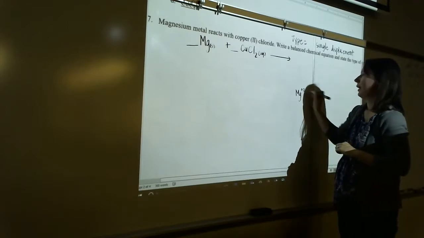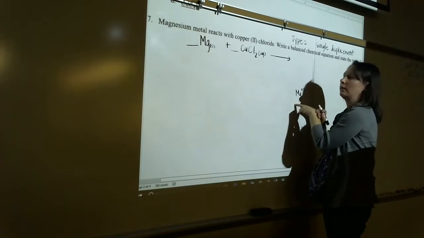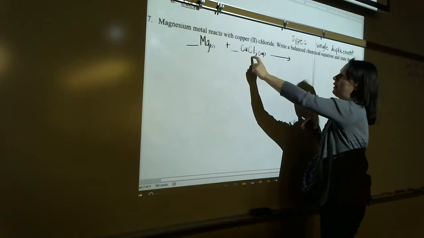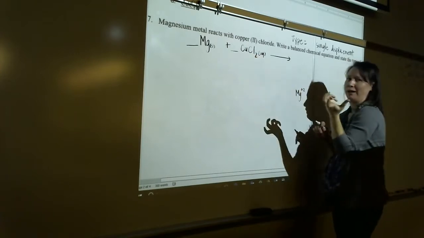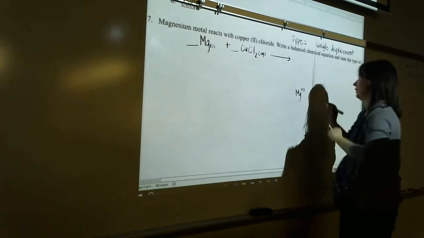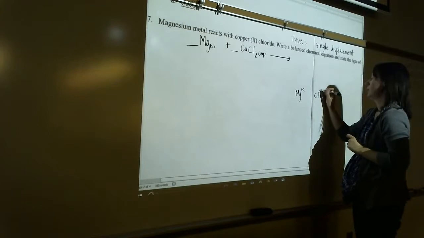+2. And this metal that's now a cation is going to get together with what? The cation or the anion? The chloride, because if it got together with copper, that'd be 2 cations. That doesn't make sense. You have to have a positive and a negative. So it would be chloride that it's getting together with. Chloride has what charge? Minus.